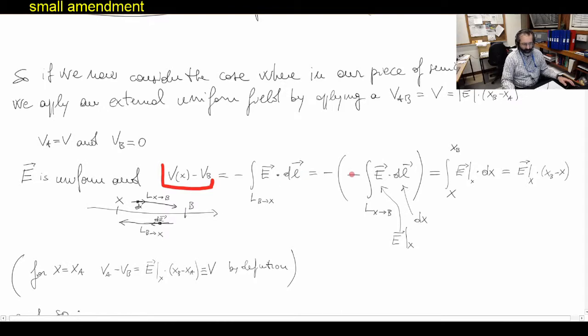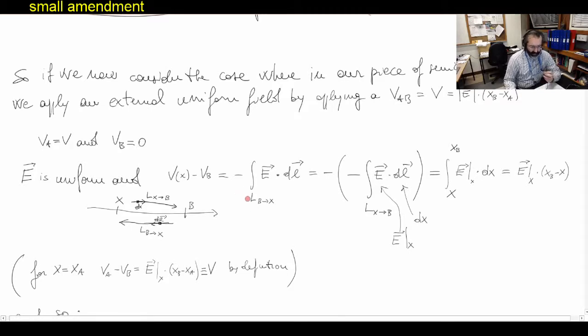While doing the calculation, I said dl is going in the opposite direction of the x-axis, so this is minus dx. And here is where I made a mistake. Here I wrote that this was minus the component of E along x. So this was not correct. This is the correct answer. I've also modified my notes to take this into account.